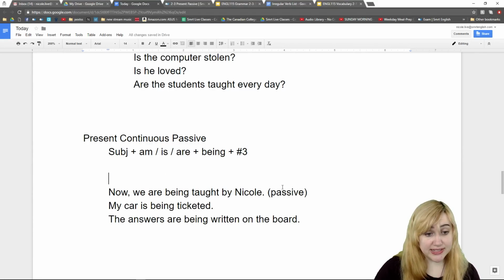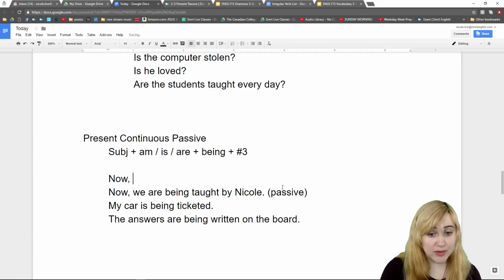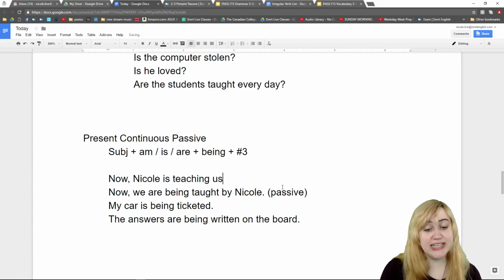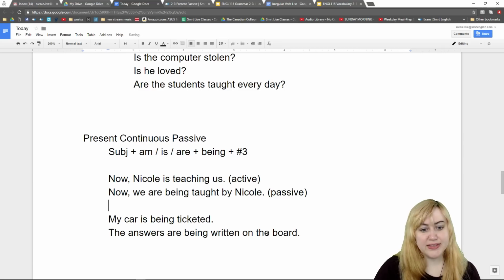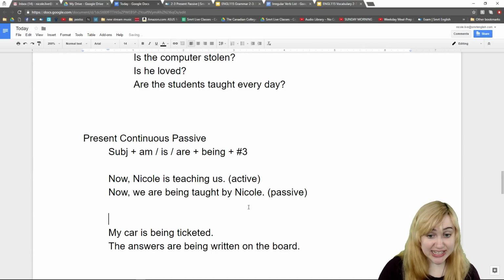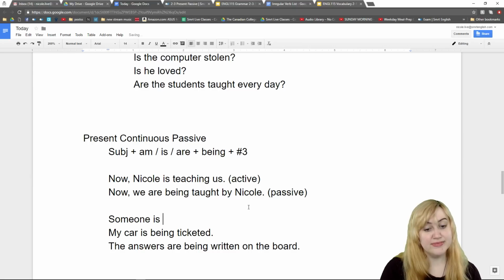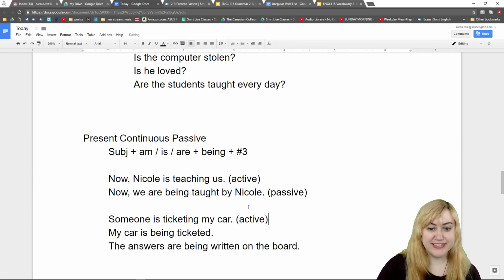So now we are being taught by Nicole. I could say now Nicole is teaching us. That would be the active form of the sentence. My car is being ticketed. The active form would be someone is ticketing my car.